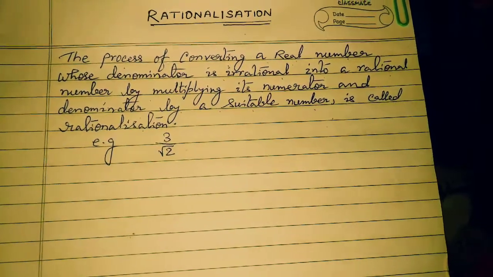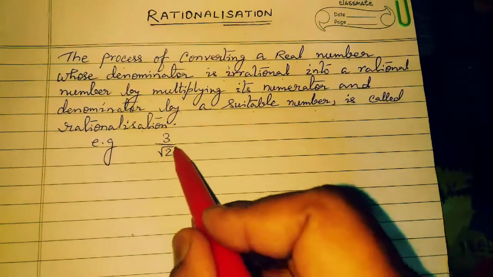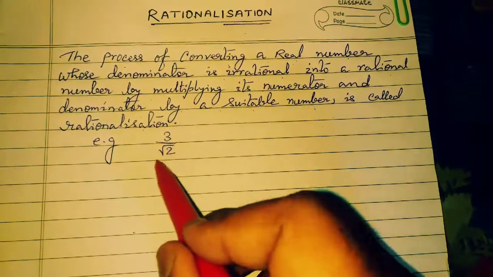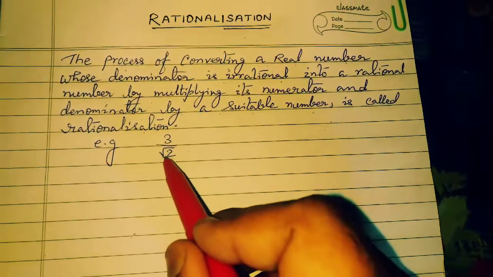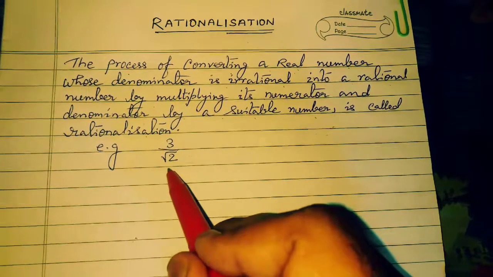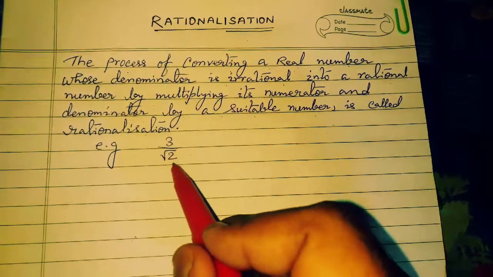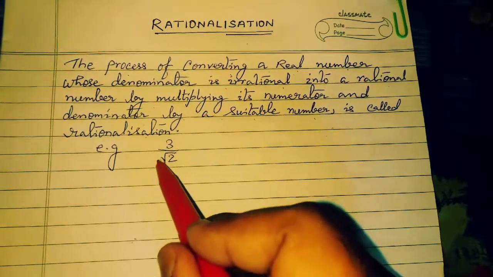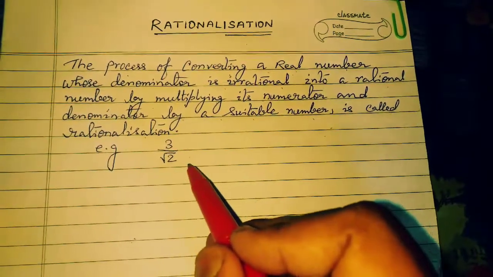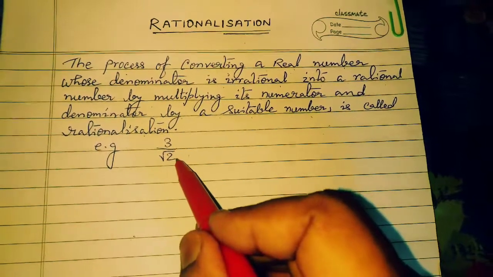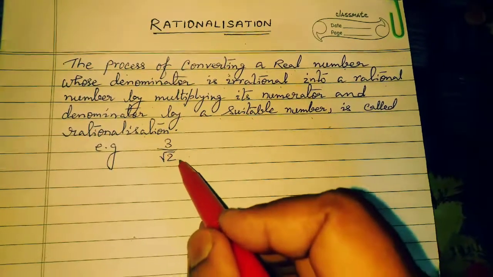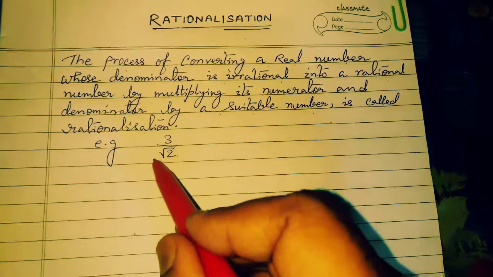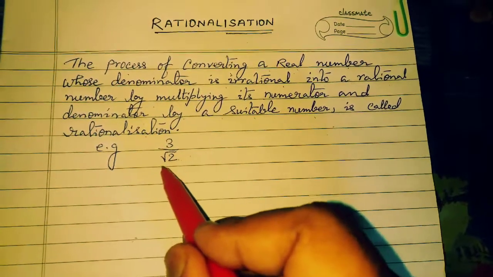This is a real number, or you can say an irrational number also, whose denominator is irrational. If the denominator is irrational, it will be converted into a rational number by multiplying by a suitable number in the numerator and the denominator. So you have to follow which number to multiply by so that the denominator is converted into rational.